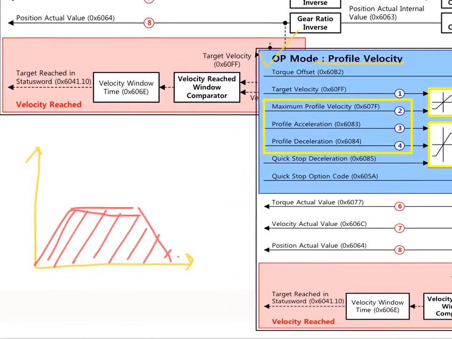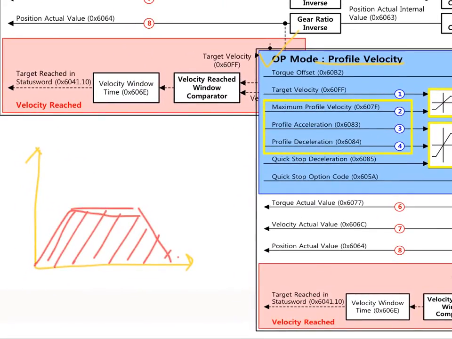For example, maximum profile velocity, this one, and the profile acceleration, this part, and the profile deceleration, this.